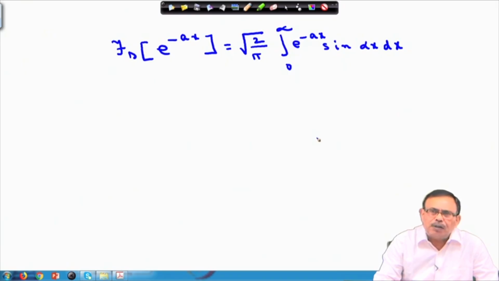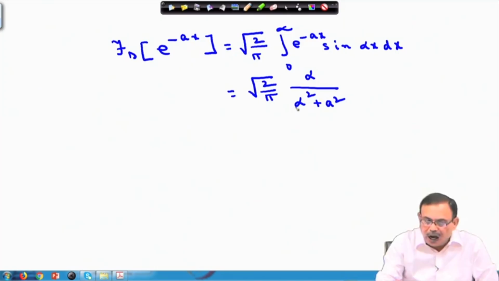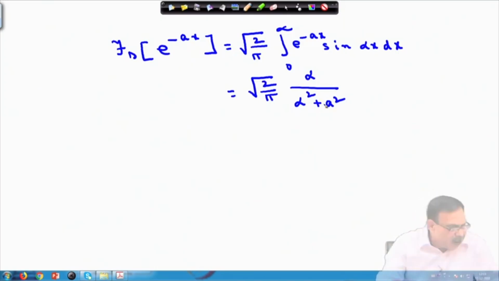So, I am not going through this, please see the earlier lectures where we evaluated. I am just directly writing the value as root over 2 by pi into alpha by alpha square plus a square. Please note that I am using an already solved problem, because we obtained the Fourier sine transform of e^(-ax) earlier, and using that value we are obtaining alpha by alpha square plus a square.